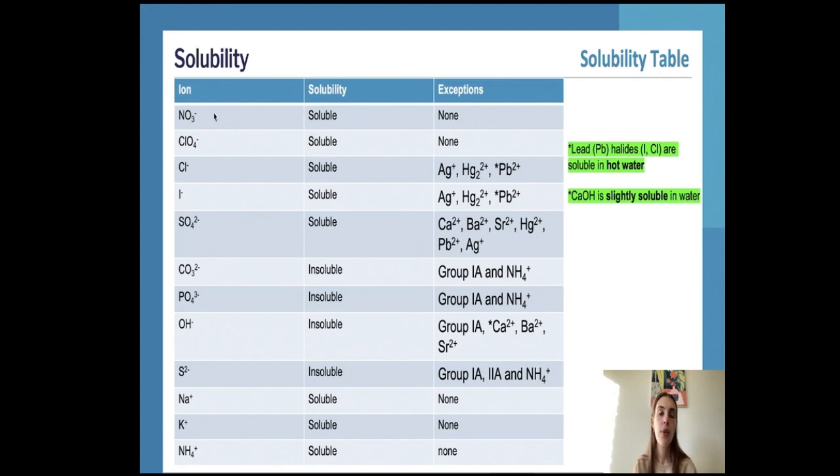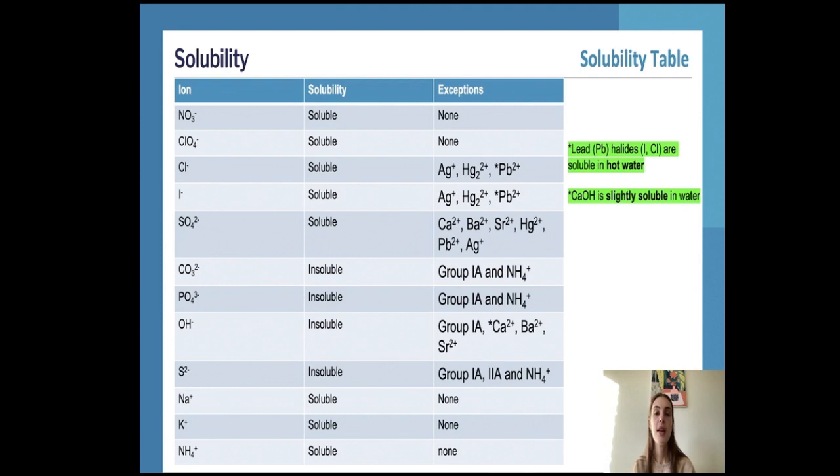So for example, if we consider the nitrate ion, it is soluble in every circumstance because there are no exceptions to the rule. However, if we consider the chloride ion, we can see that the chloride ion is soluble. However, if we have AgCl or HgCl2 or PbCl2, they will not be soluble in water.